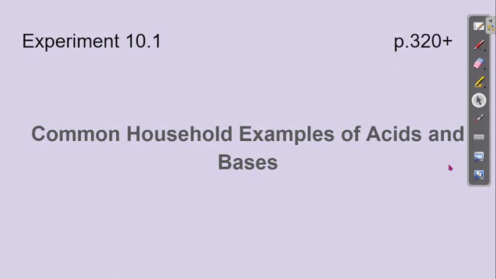You are going to perform experiment 10.1 this week on page 320. The title is Common Household Examples of Acids and Bases. So you're going to take several substances: orange juice, toilet bowl cleaner, bar soap, all-purpose cleaner, drain unclogger, and then you're going to test to see if these are acids or bases.